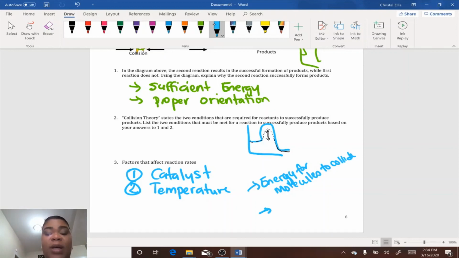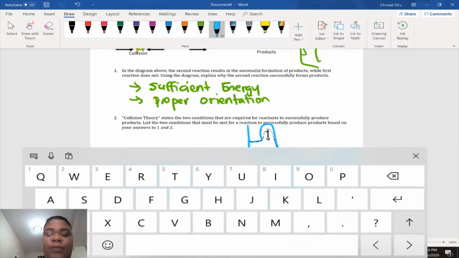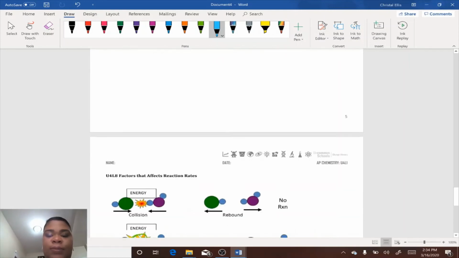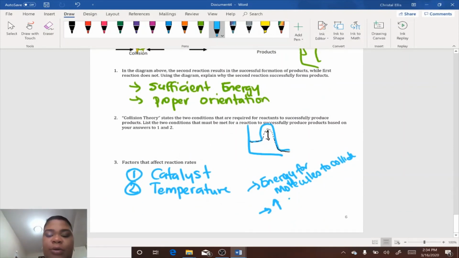And if you increase the temperature, it means that the average kinetic energy of particles will be increasing, which will increase the frequency of effective collisions. So increased frequency of effective collisions allows the chemical reaction to take place.